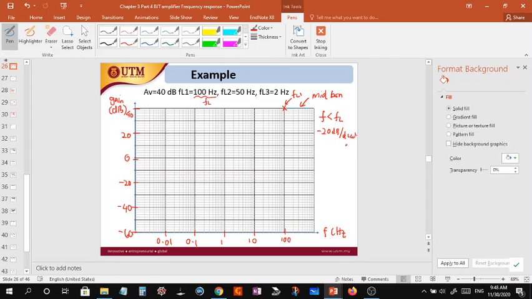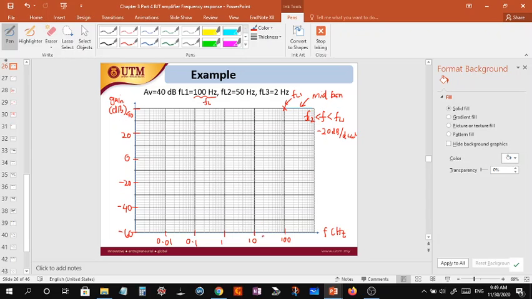Okay, so minus 20 dB per decade is also in the region where the frequency is above the second highest. The second highest is 50 Hz. This is FL1 and then FL2. So for the frequency between 50 Hz to 100 Hz, the slope of the gain is minus 20 dB per decade. Okay, this is FL1. FL2 is 50 Hz.